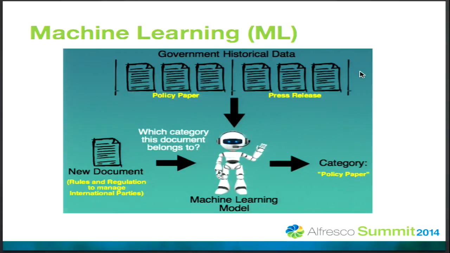To explain machine learning, we will see how we can implement it. For this, we will take a content management system scenario. We will see how we can auto classify documents using machine learning, basically how you can assign a category to a document automatically.